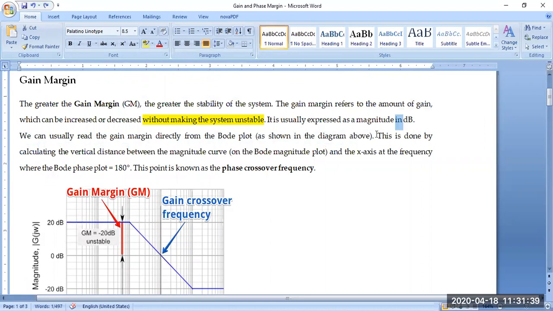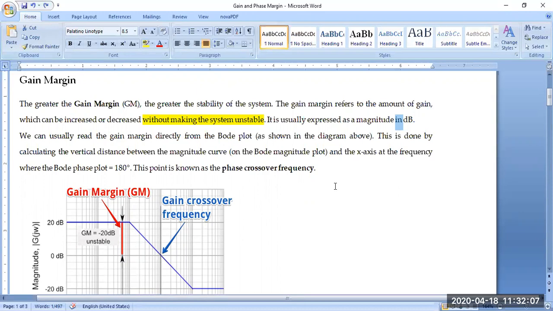Gain margin is actually the reciprocal of the magnitude of the Bode plot. So reciprocal of the magnitude means reciprocal of the magnitude of G(jω)H(jω).